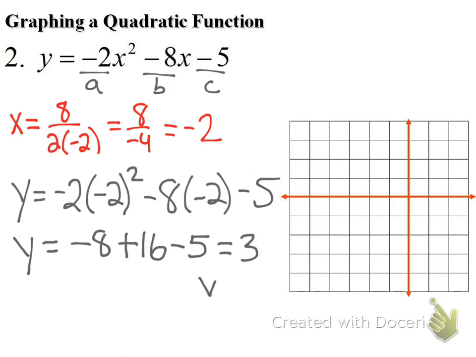So my vertex is at negative 2, 3, and I know my axis of symmetry, whoops, this goes through the x value of the vertex. Any questions so far?